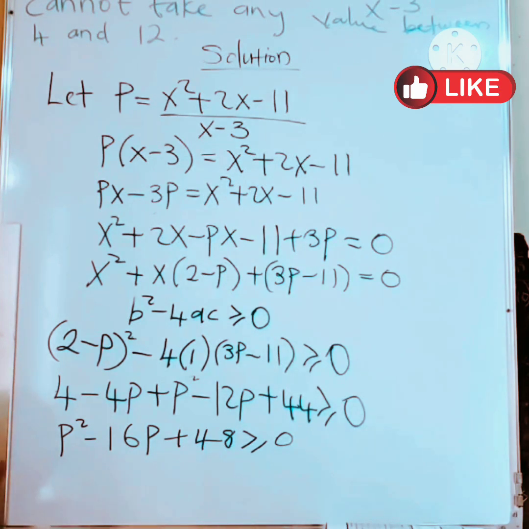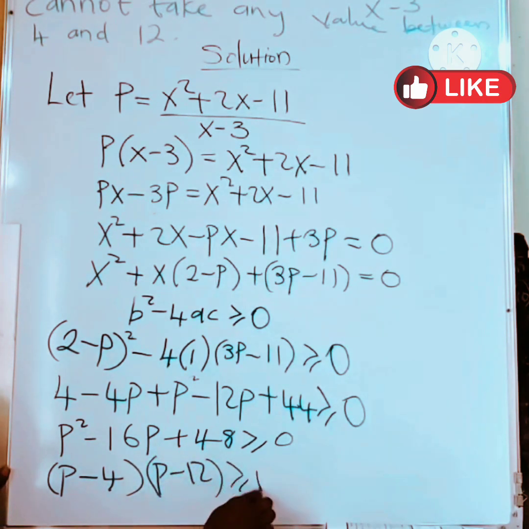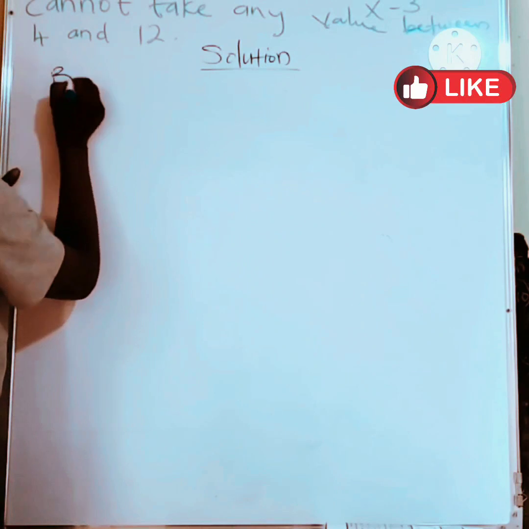So solving this by factorization will give us (p minus 4) into (p minus 12) greater than or equal to 0. Now if we get the solution of this equation, we're going to have two boundary values of p, that's 4 and 12. These are going to be our boundary values as we check for the range where that expression is true.